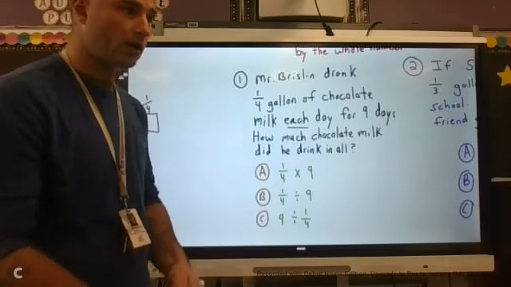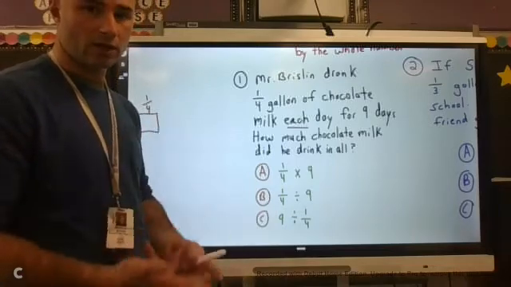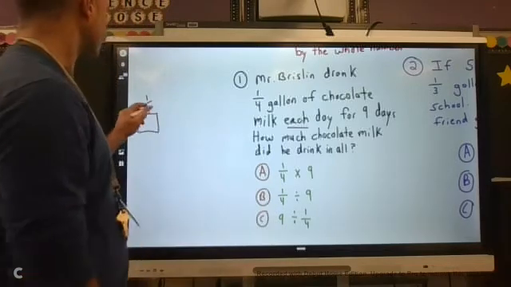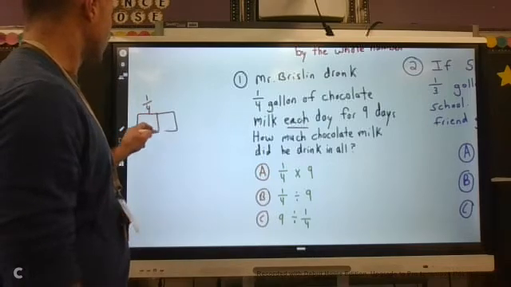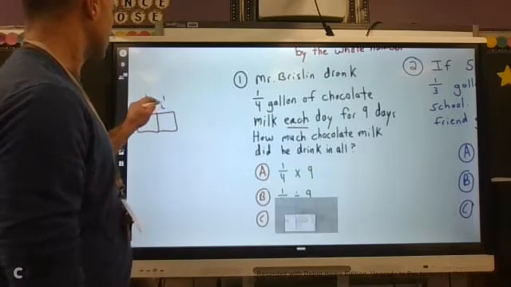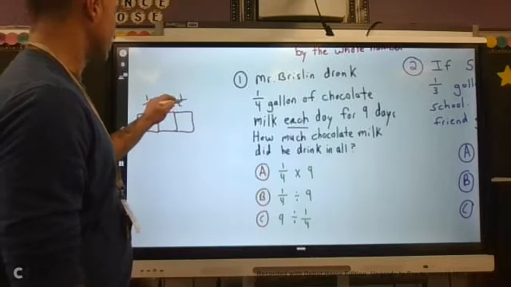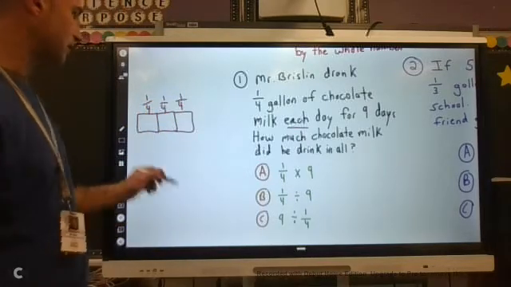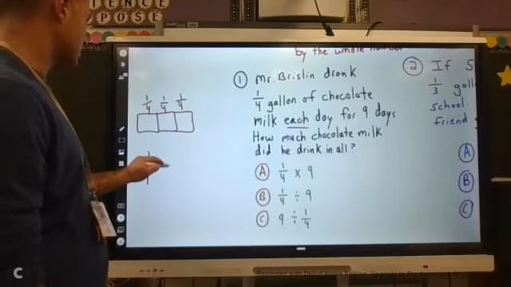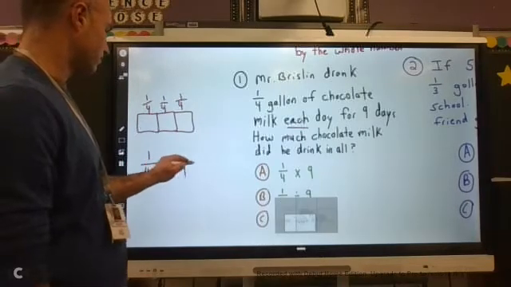Oh, okay. So this must be a multiplication problem. So you're doing 1/4. You could draw it out, and you're doing it 9 times. 1/4, 9 times. 1/4 times 9.